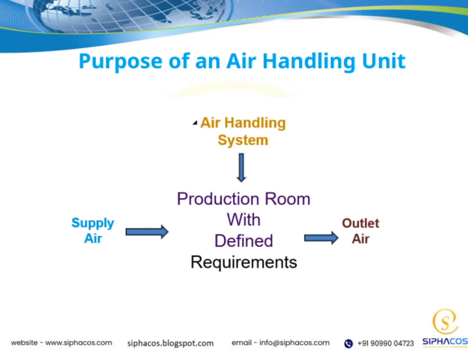Let's talk about the purpose of an air handling unit, or AHU. Essentially, an AHU is a critical component in HVAC systems because it helps control the environment inside a building. Its main job is to circulate and condition air, ensuring the space remains comfortable and healthy for occupants. By filtering the air, it removes dust, allergens, and other contaminants, which improves indoor air quality.